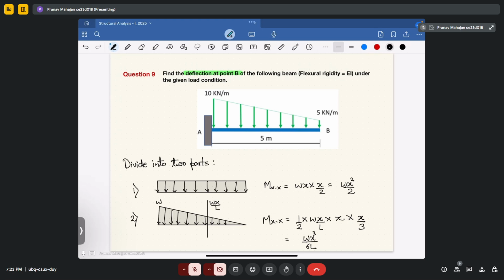That means your bending moment distribution for uniformly varying load will be a 3-degree curve.